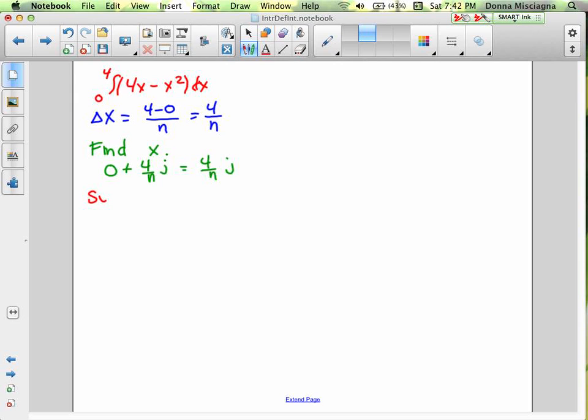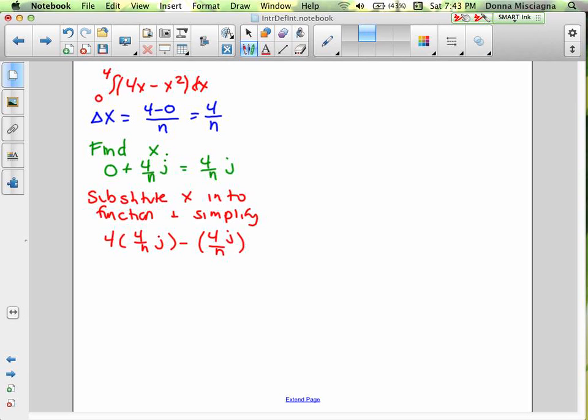So we substitute x into the function and simplify. So we have 4 times 4j over n minus 4 over n j, and that's all squared. For some reason I keep saying 4n, but it's 4 over n, but you see that.